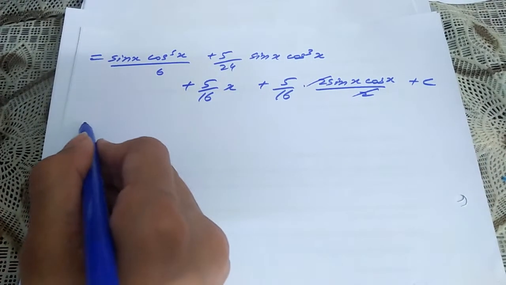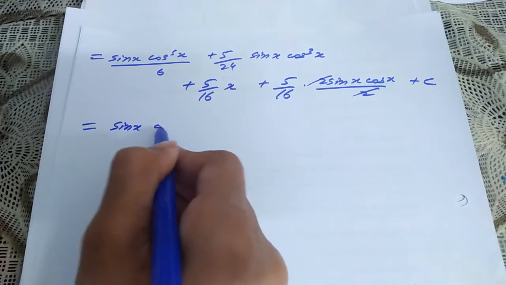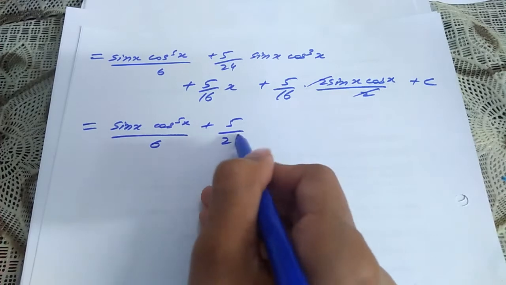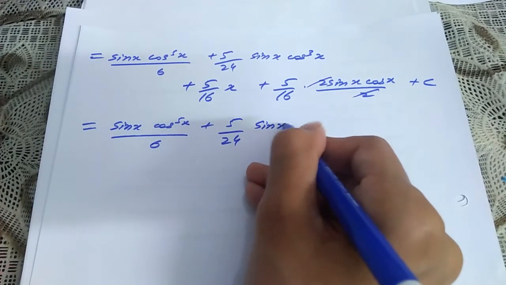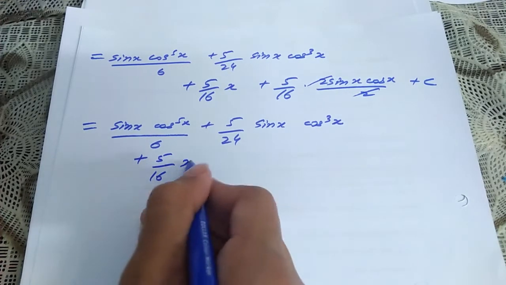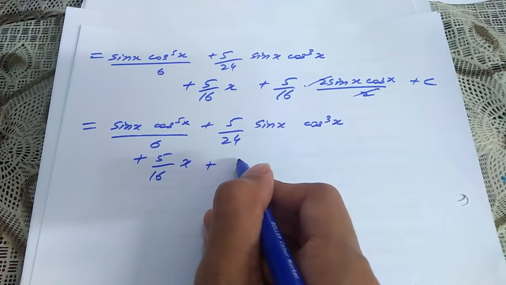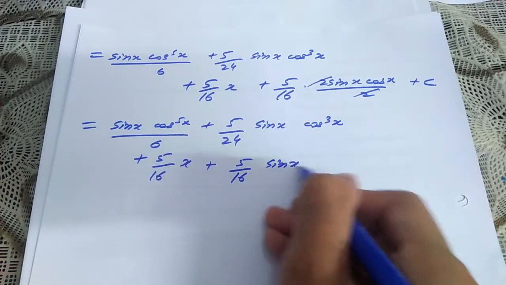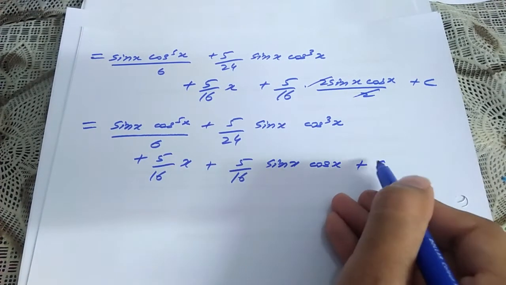So the answer will be left with sine of x cos 5 of x over 6 plus 5 over 24 sine of x cos cube of x plus 5 over 16x plus here we will get 5 over 16 sine of x cos of x plus constant of integration.